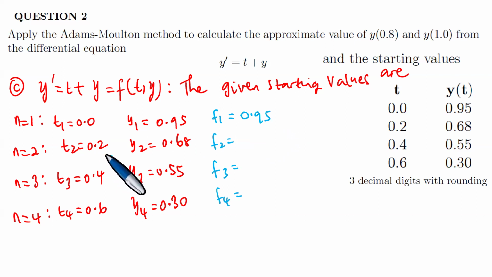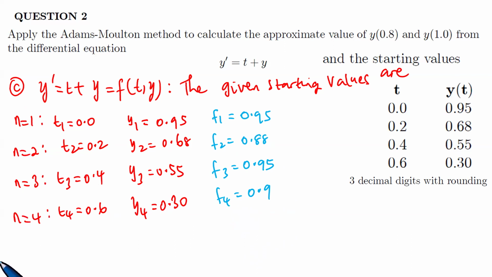Then 0.2 plus 0.68 would give us 0.88 because it's t plus y. 0.4 plus 0.55 would give us 0.95. 0.6 with 0.3 would give us 0.9. Okay, so we've completed a table of the F's, the Y's, the T's, and the N's.